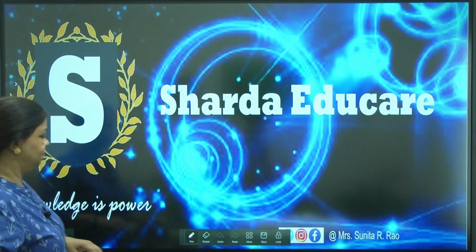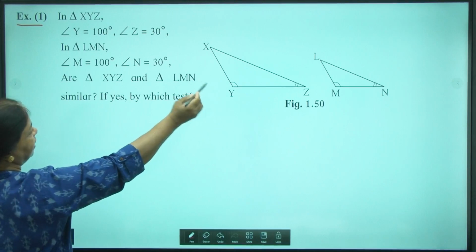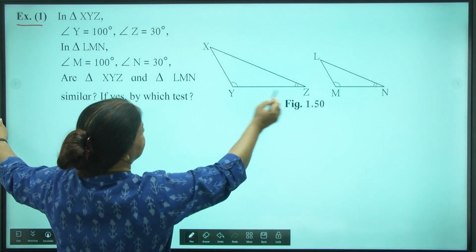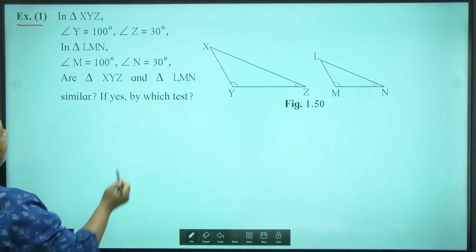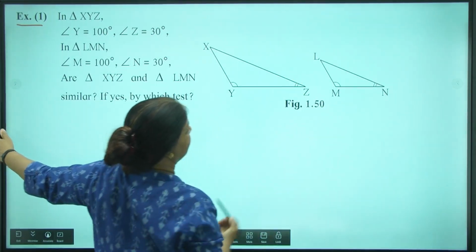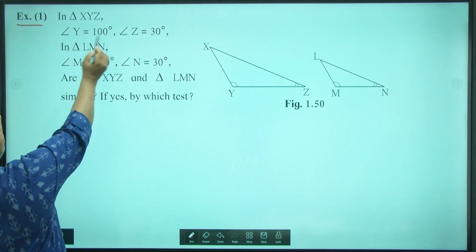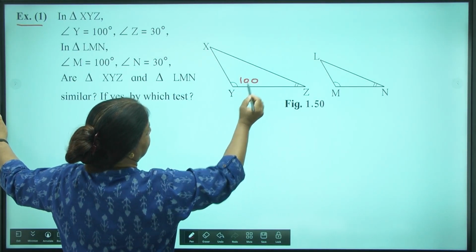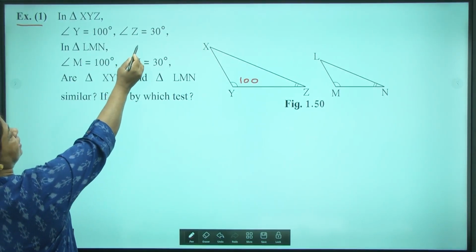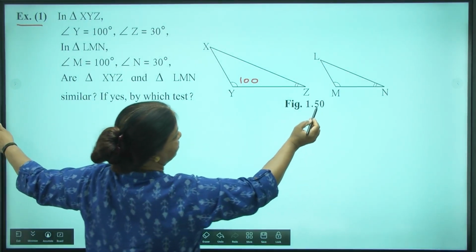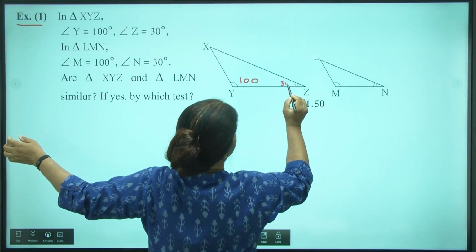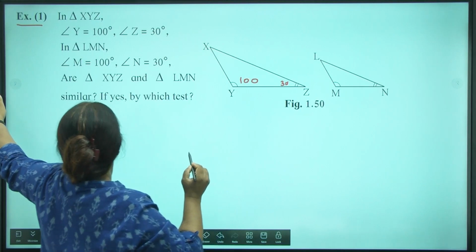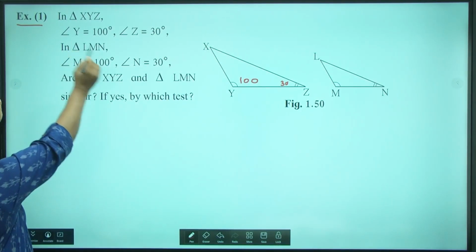Let's begin children. The first example: there is a triangle XYZ which you can see on the screen, and another triangle LMN. It is given angle Y is 100 degrees and angle Z is 30 degrees in triangle XYZ.